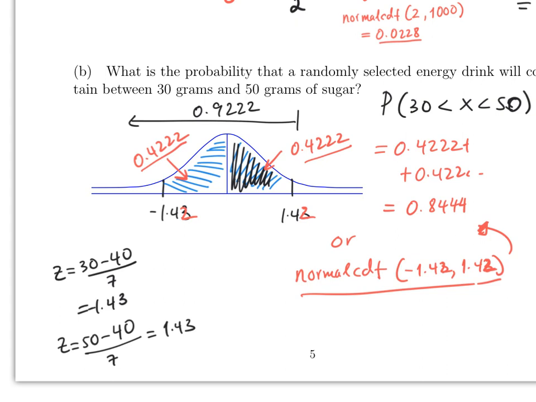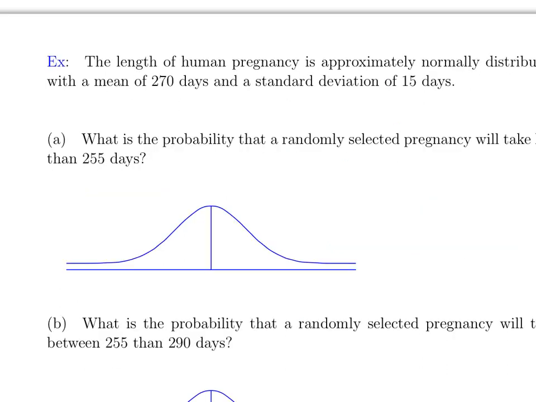It's the same thing. So here, how much is mu? 270. And how much is sigma? 15, right? And remember, X is the length of the human pregnancy. Okay? So the first question is asking you what?